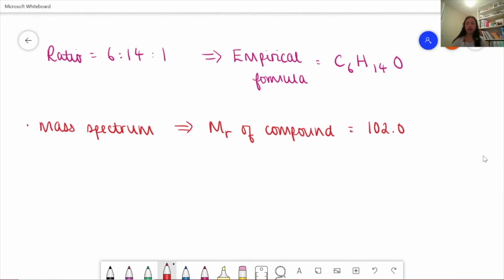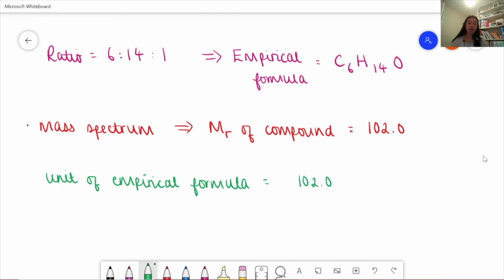So we have the unit of this empirical formula is equal to the Mr of the compound, so 102.0, over the Mr of the empirical formula.